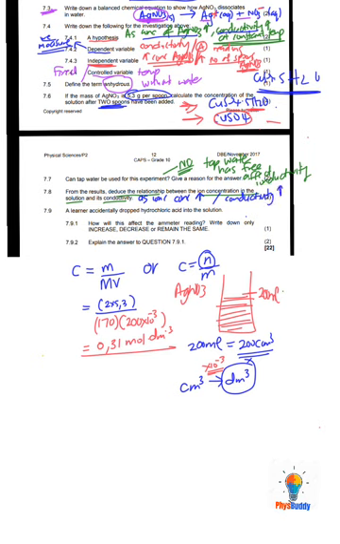A learner accidentally drops hydrochloric acid into the solution. How will this affect the ammeter reading, and explain the answer? So the first thing we need to do, in this solution we have silver nitrate. And the learner has now dropped hydrochloric acid into this solution.